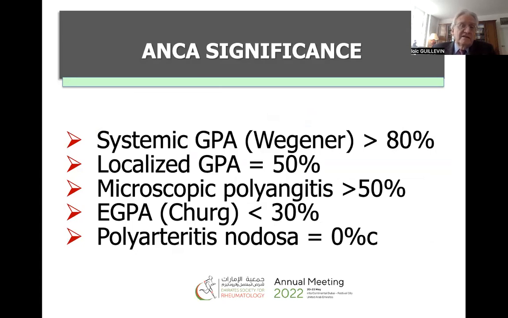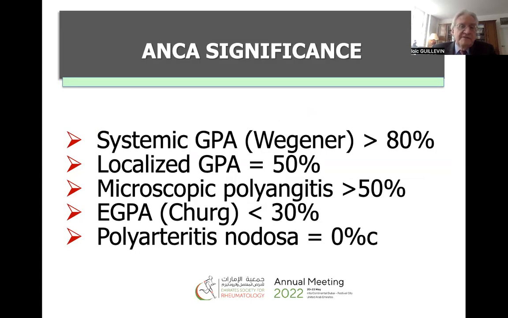In GPA, more than 80% of the patients are anti-PR3. There are some rare patients which are anti-MPO. In localized GPA, it's only half of the patients which are positive for the antibody.